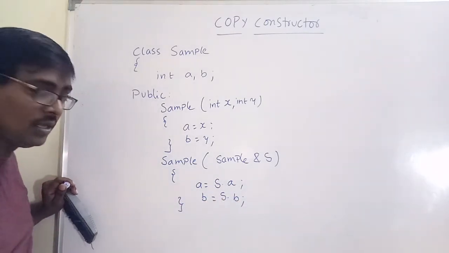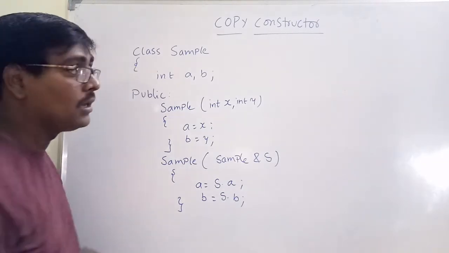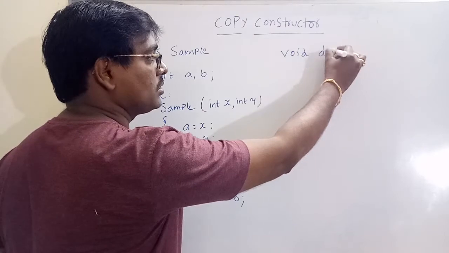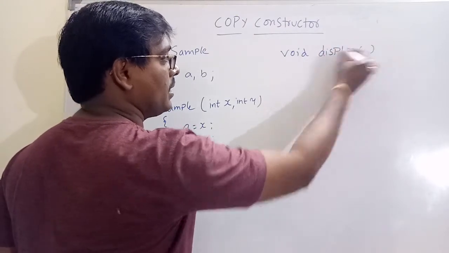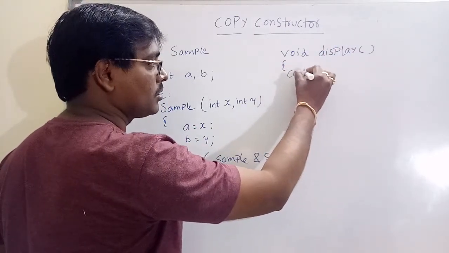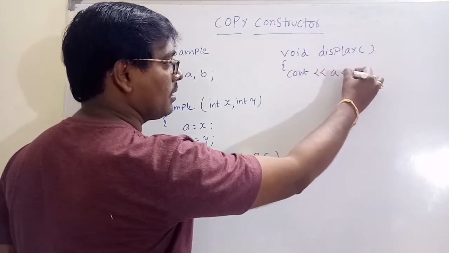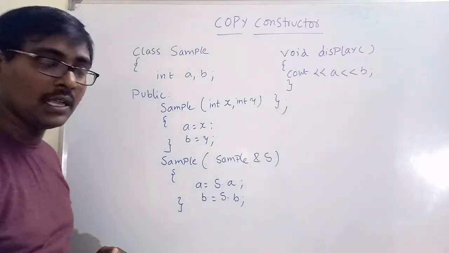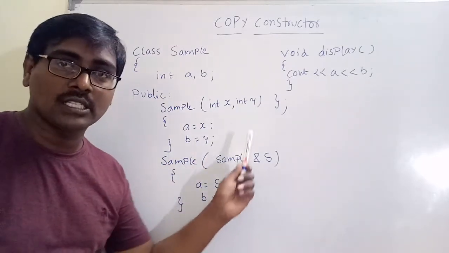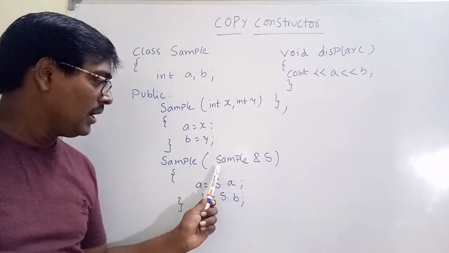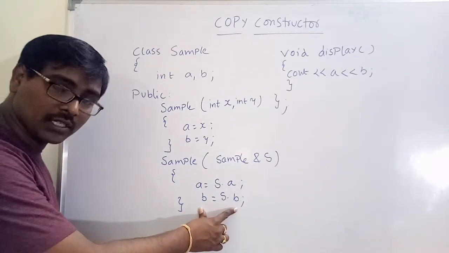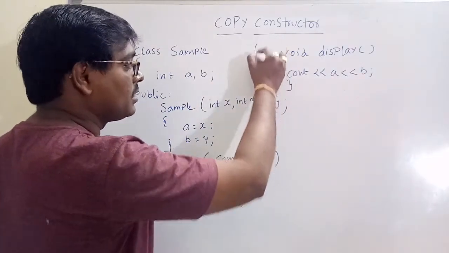Now I am using a simple function to print the values, display, cout a b. Close the class. Now what happens? I am using two constructors, one parameterized constructor and one copy constructor. Suppose if you want to understand, go to the main, then it is very easy.